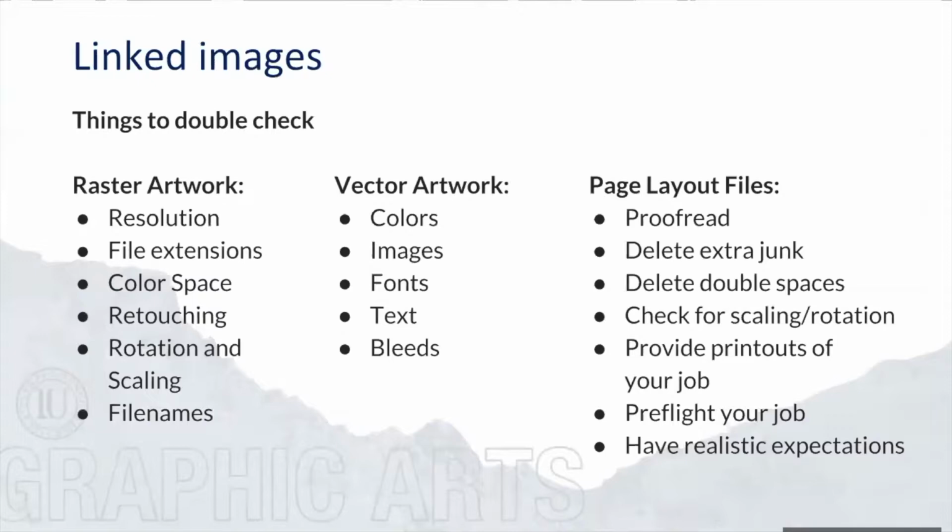Your raster artwork, the resolution, the file extensions, the color space, retouching, rotation and scaling, file names, your vector artwork, colors, images, fonts, text, bleeds, your page layout files, proofread, delete the extra junk, delete double spaces, check for scaling and rotation, provide printouts of your job, pre-flight your job, and ultimately, and this is a big one, have realistic expectations.